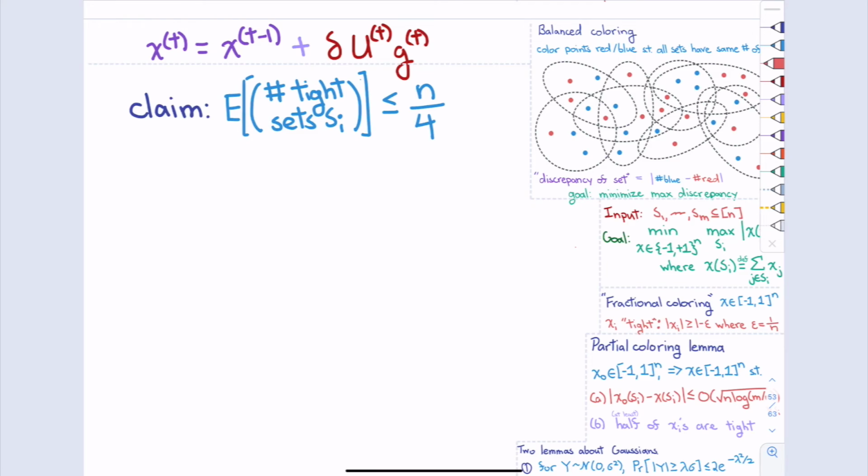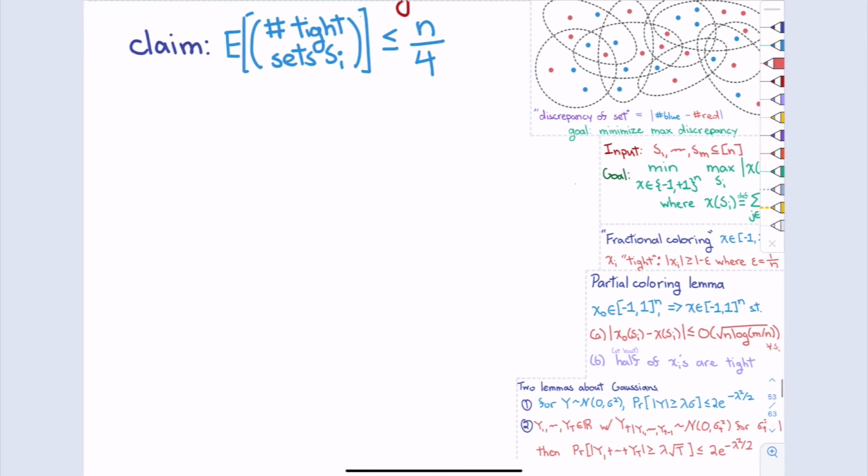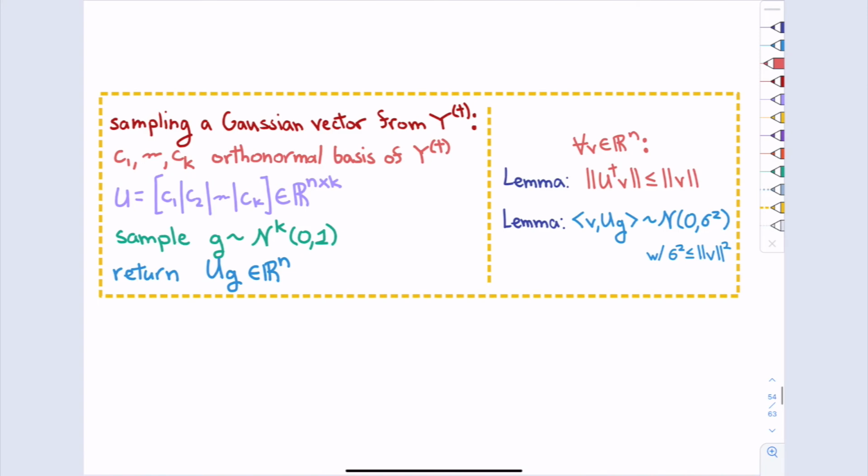So we'll be able to apply some concentration bounds to the full sum of changes to discrepancy. That's where we're going to use one of these obscure lemmas about Gaussians, the one that worked for the particular case where we had a sequence of Gaussians where each one conditional on the previous one looked like a Gaussian of some variance. So that's how we're going to analyze the change in discrepancy of each set.